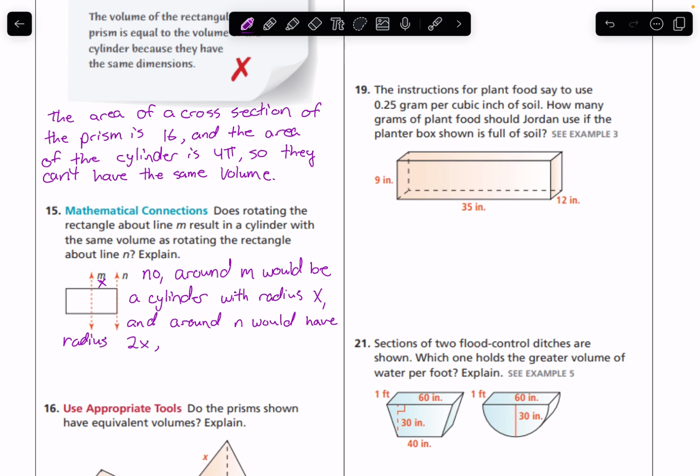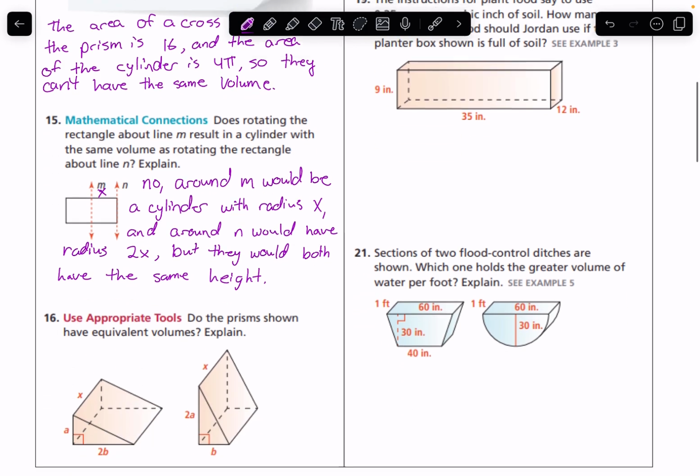But they'd both have the same height. So if they have the same height but different radii, then obviously they're going to have a different volume.